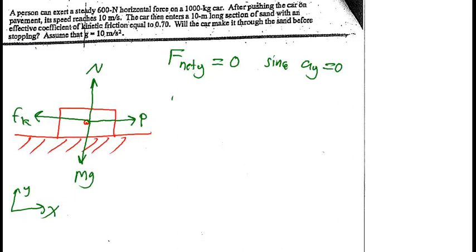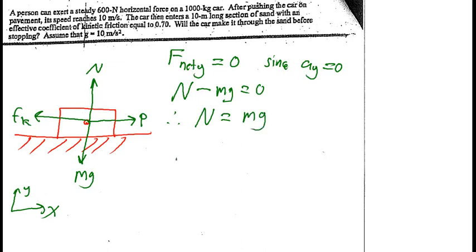So in the vertical direction, the net force is equal to 0 because the car is at rest. So from the force diagram, we would write down that N minus mg equals 0, and therefore the normal force would equal the weight.